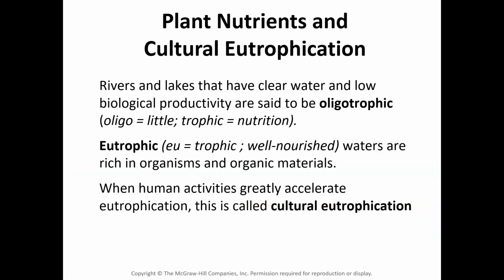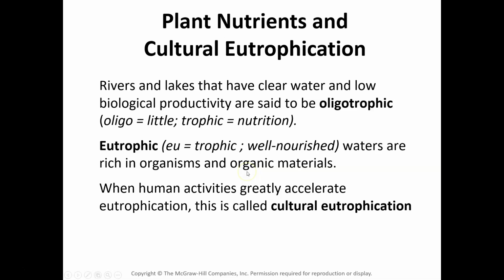We say that those waters are called oligotrophic, and I know oligotrophic looks like it's a bad thing, but it's actually a good thing. You like clear water, you have a little bit of algae, you have a good food chain that's working, the fish are happy, everybody's happy.